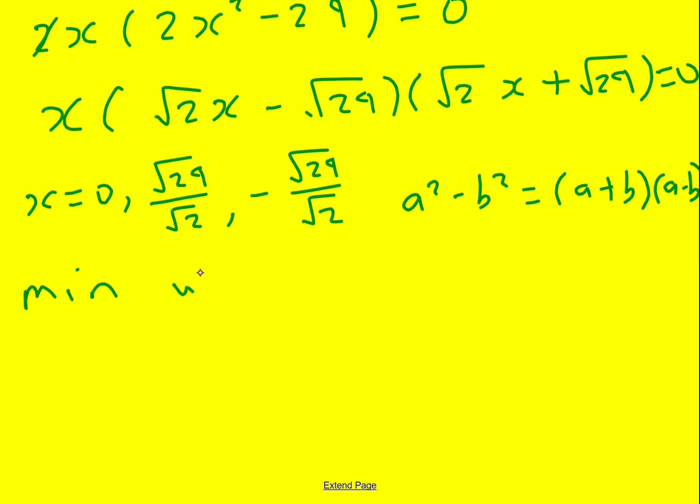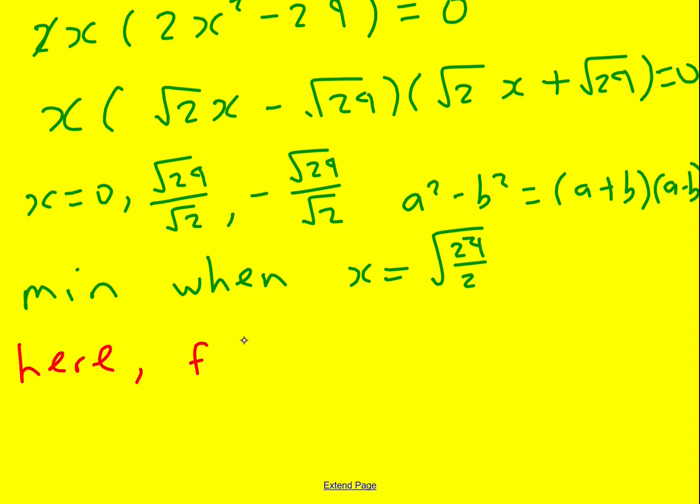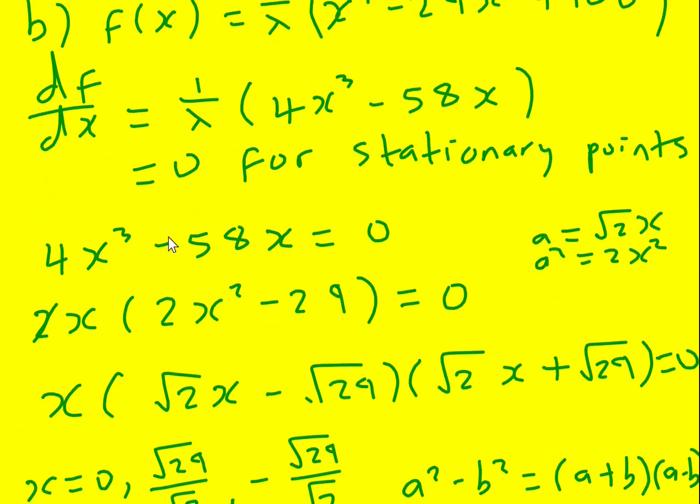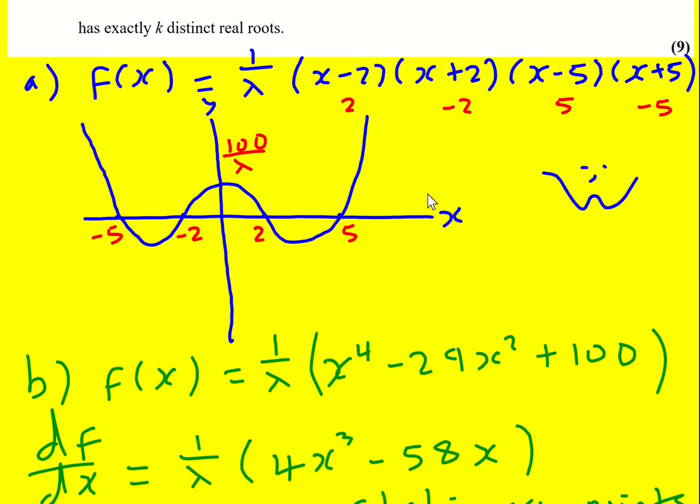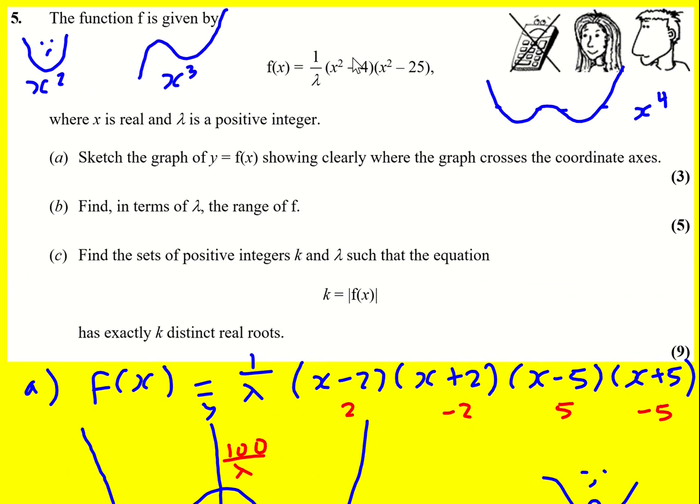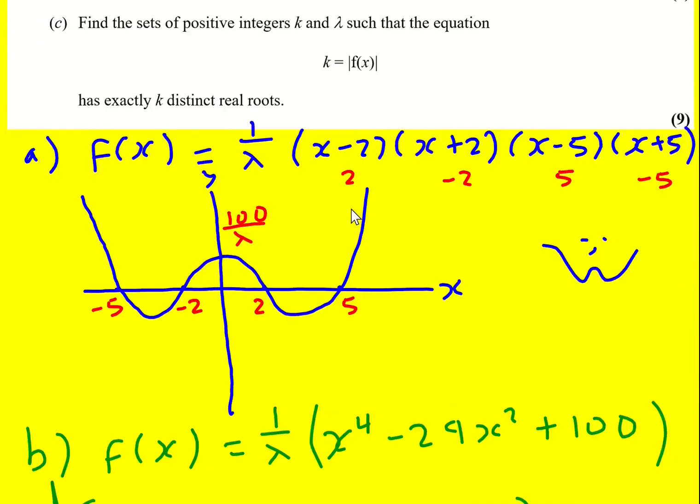So min when x is root 29 over root 2. And here, f of x, now we need to decide what bit we substitute it into. Do we substitute it into here, or maybe this original factorized form, because we're squaring the third, and so I think this will be a bit nicer to deal with.